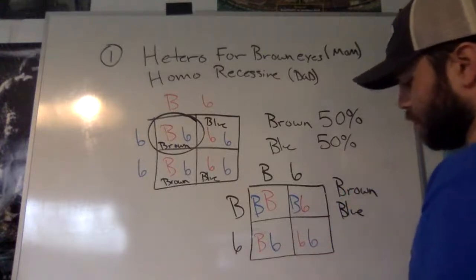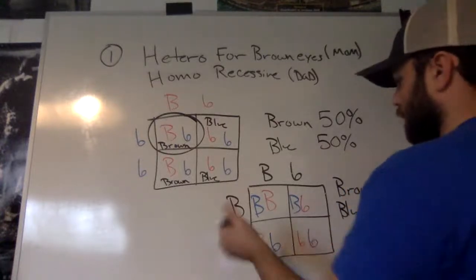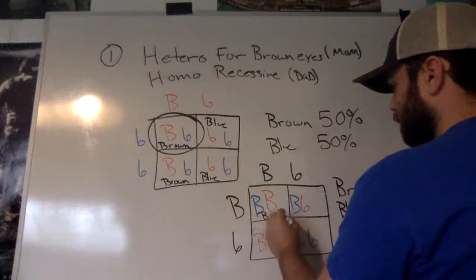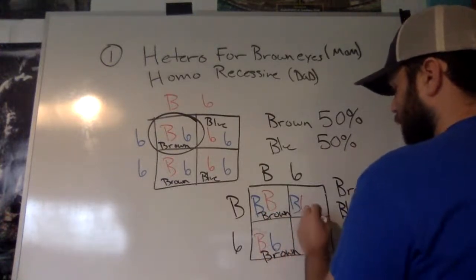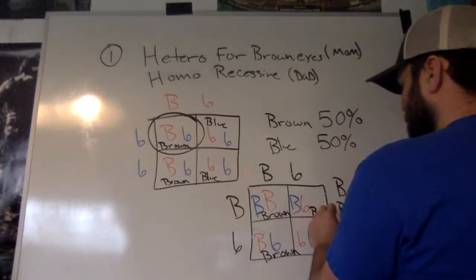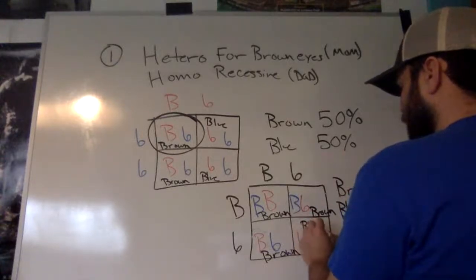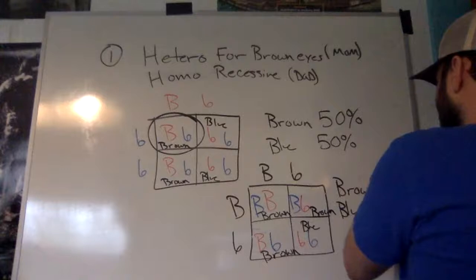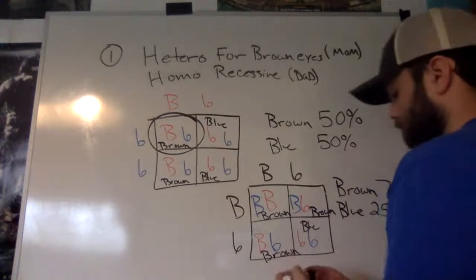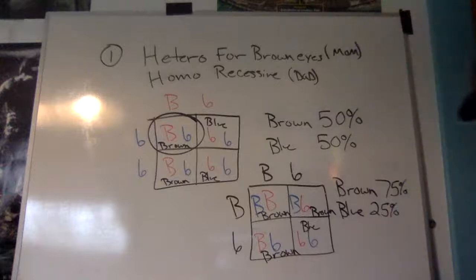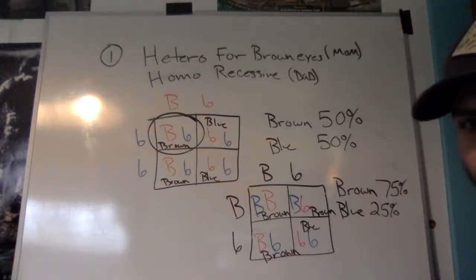Okay, so every place where there's a big B, all right, so we got brown again. Brown and blue. So we're going to get 75% brown and 25% blue. Okay? Good.